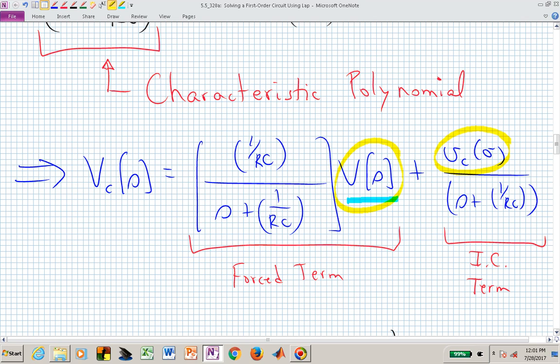We could hit it with an exponentially damped cosine. We could hit it with a ramp. We could have zero initial conditions. We could have non-zero initial conditions, all different kinds of combinations, but all of those could be starting with this particular expression.